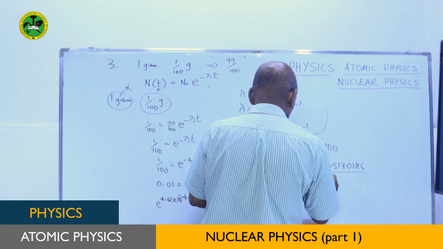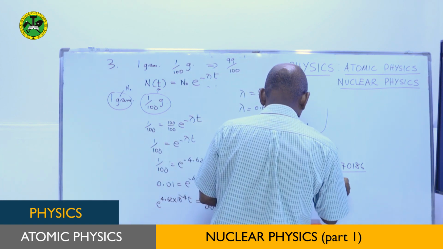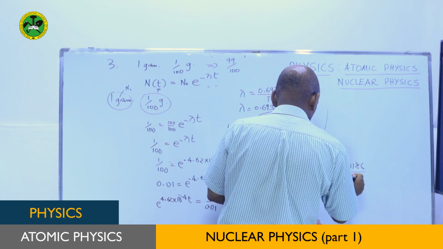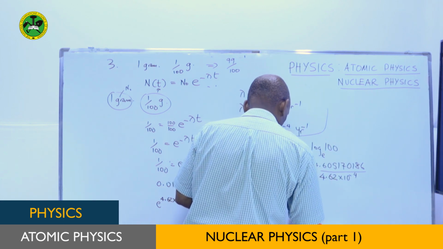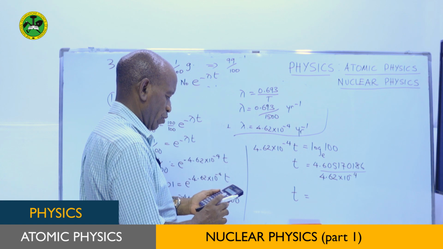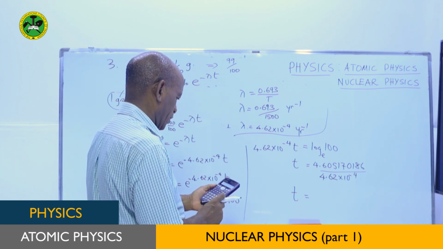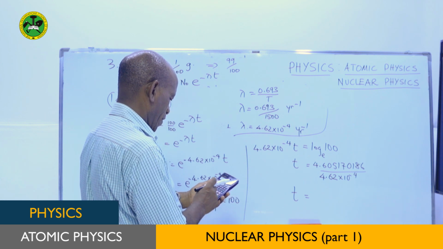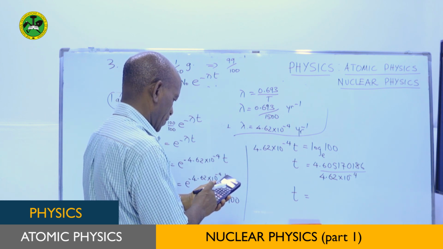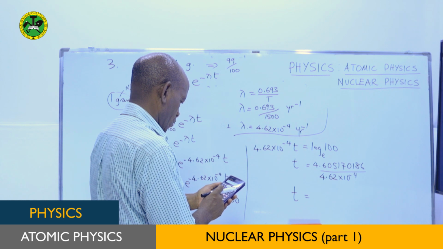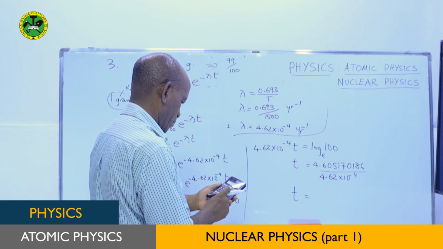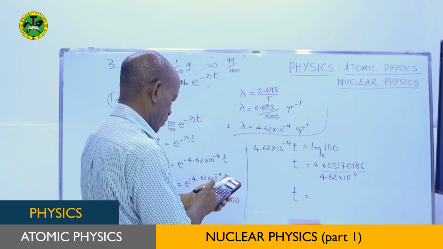that is the decay constant. That is 4.62 × 10 power negative 4 to obtain the time t, so that we are able to divide that particular expression by 4.62 times 10 power negative 4.